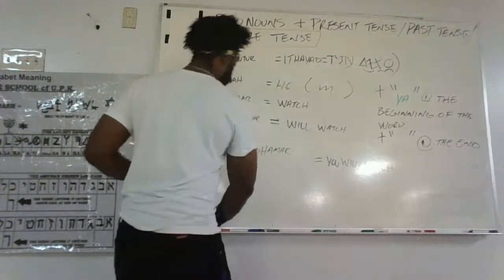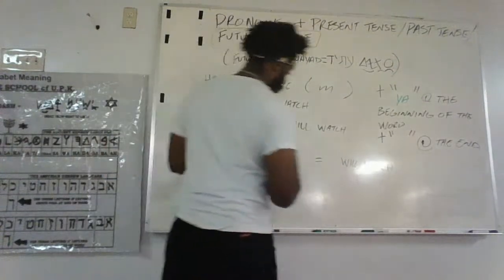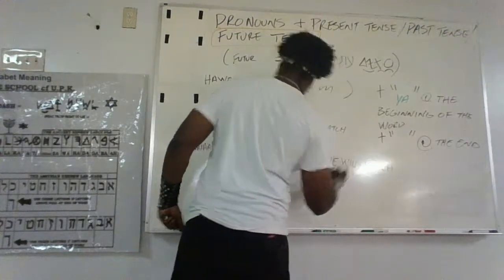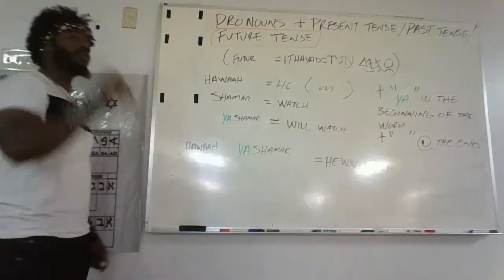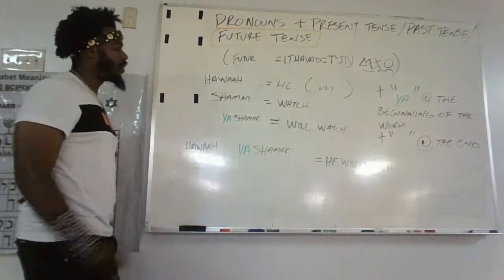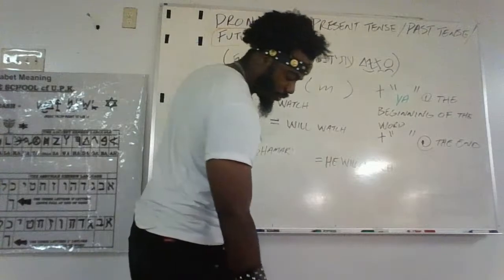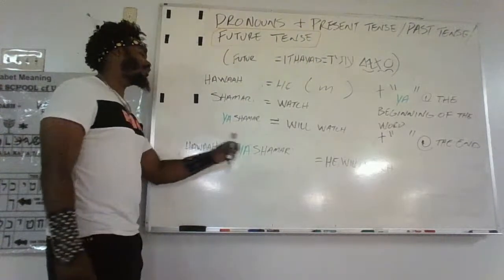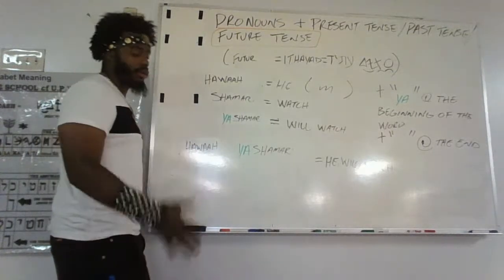So the sentence will be Hawa'a ya shamar, which is he will watch. All right. Ya shamar means he will watch. You add a ya to the beginning of shamar, to let you know it's dealing with a man.